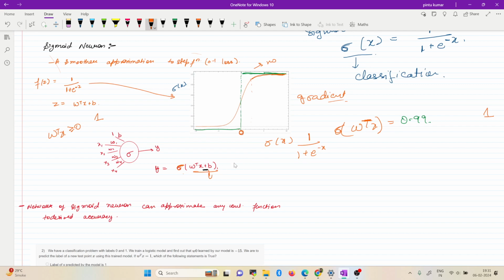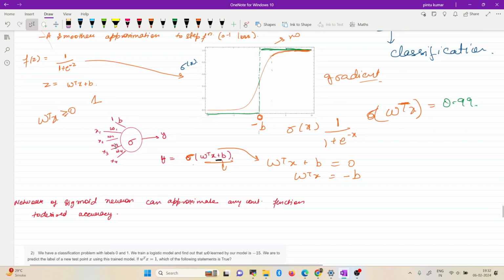If you take it as z, e raised to the power minus z. What we want is that W transpose x plus b should be 0. So when W transpose x is equal to minus b, this point would be minus b then. Okay, fine, thank you.